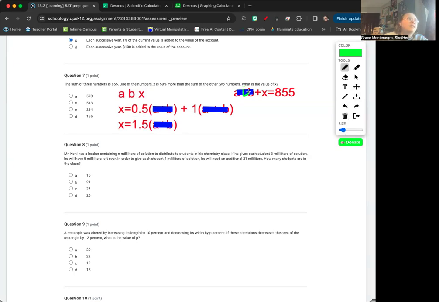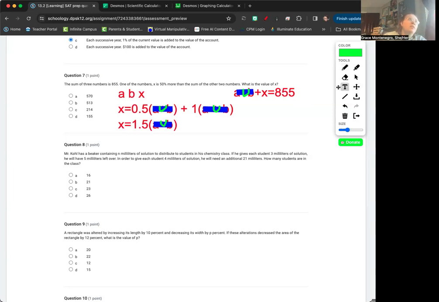It always acts as a unit, so I'm just going to call it U, because we're told nothing about A and B by themselves. We're just told that they get added up with X to make 855, and they get multiplied by 1.5 to make X.